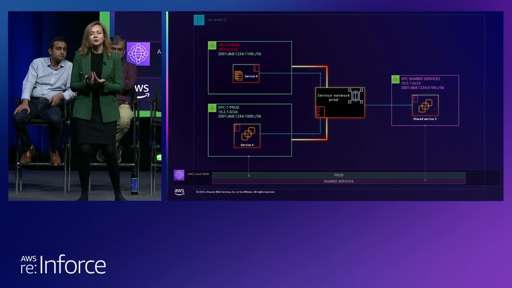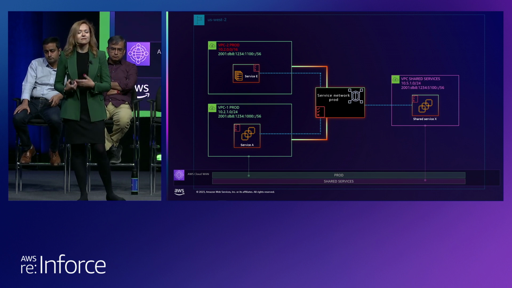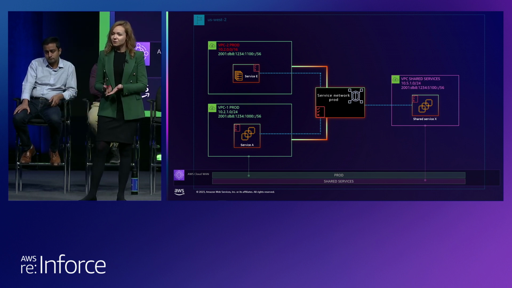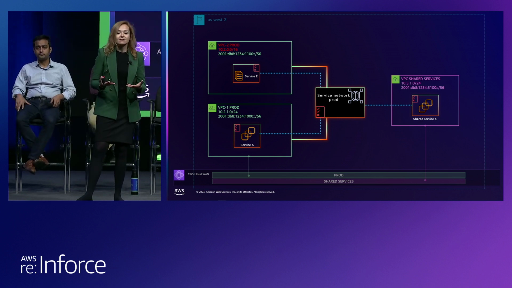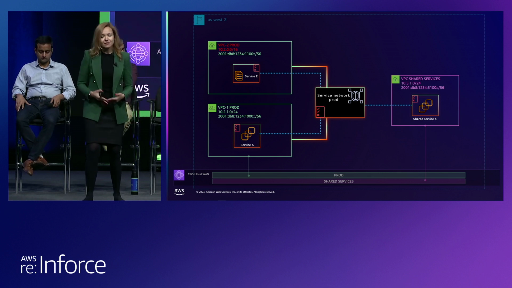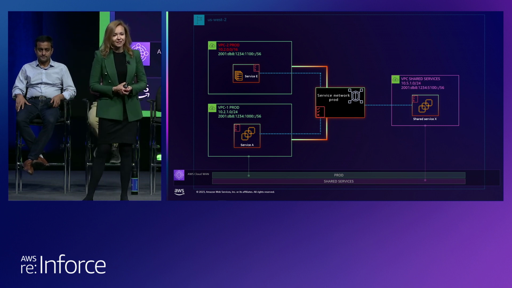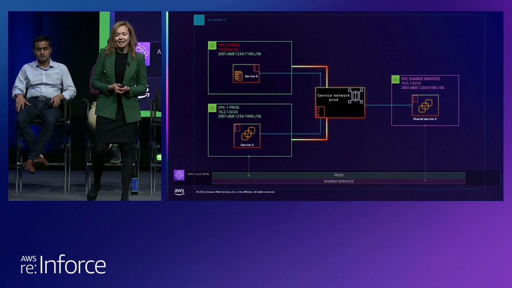It just needs to be accessed, right? So just the service is associated with the service network. If it would need subsequently to get access to other services associated with the service network, the step to do there would be just to associate the VPC as well, right?